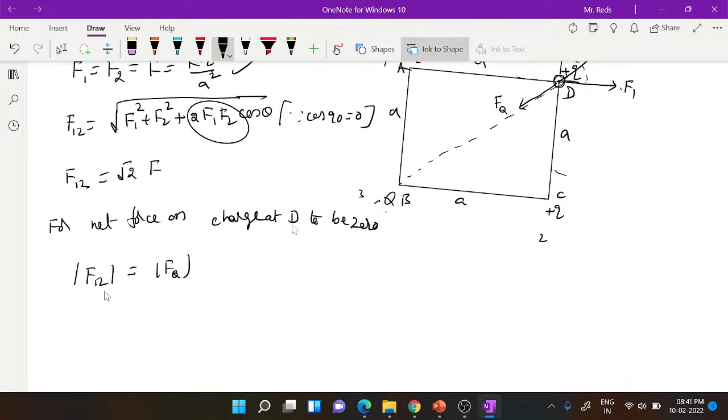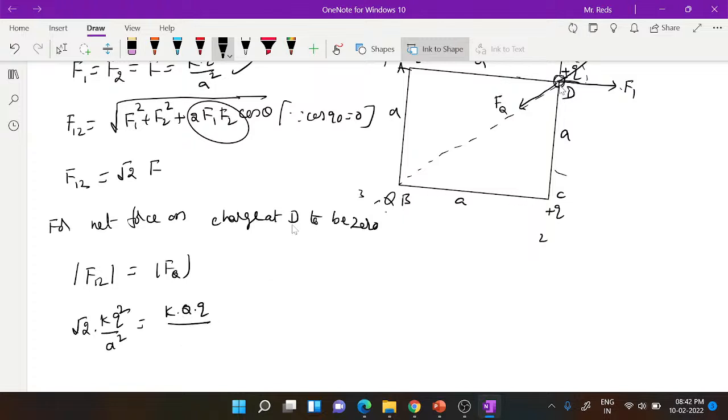So here F12 is root 2 into F, but F is nothing but K Q by A square, K small q into small q by A square, equal to the force due to this capital Q on this, K capital Q into small q by the distance between them.